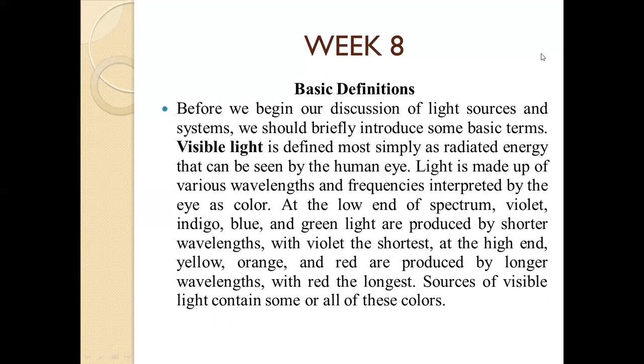Light is made up of various wavelengths and frequencies interpreted by the eye as color. At the low end of the spectrum, violet, indigo, blue, and green light are produced by shorter wavelengths, with violet the shortest. At the high end, yellow, orange, and red are produced by longer wavelengths, with red the longest. Sources of visible light contain some or all of these colors.